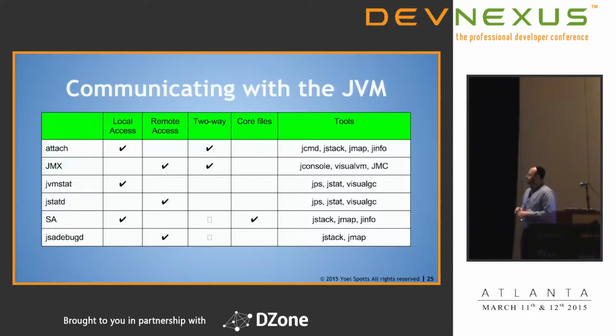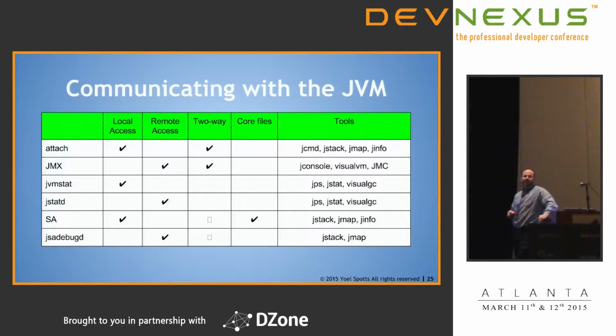Here I've got a little diagram to give you an idea, trying to summarize some of the different communication paths: local access versus remote access, coordination of communication versus non-coordination, and whether they talk to core files. That little box over there was supposed to be a half check mark, I don't know what happened. The indication is that it's not really two-way communication per se.